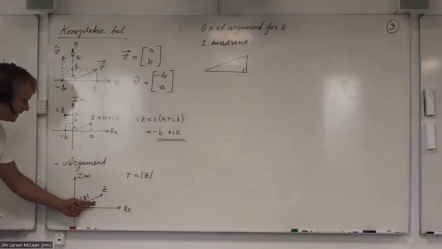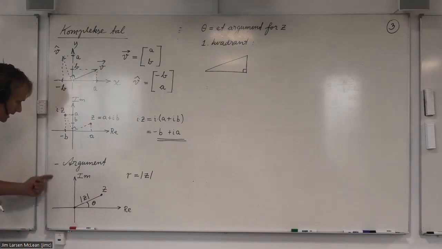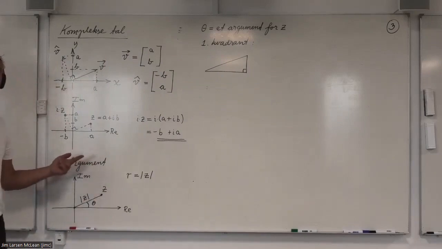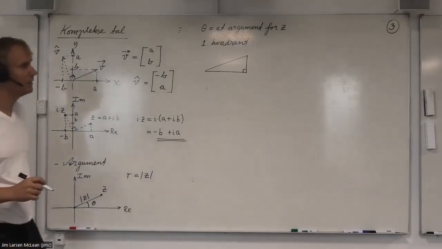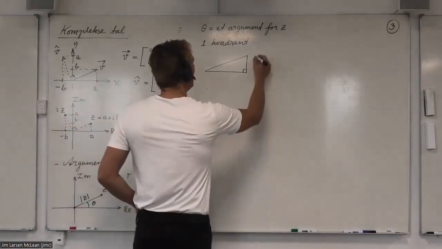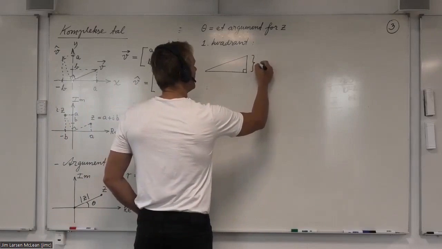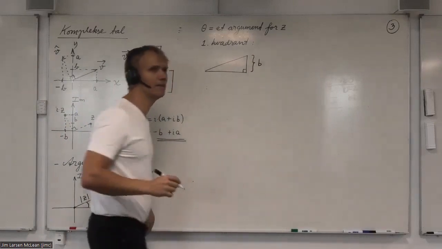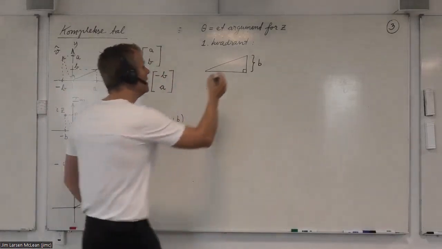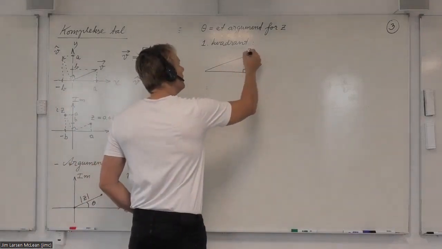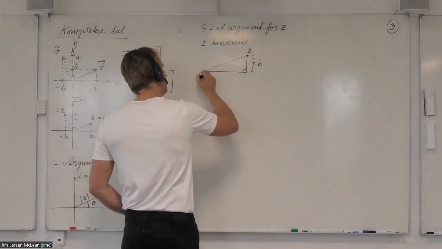My z is somewhere over here in the first quadrant. Here's the second quadrant, here's the third quadrant, here's the fourth quadrant. So right now I'm focusing on the possibility that z is in the first quadrant.